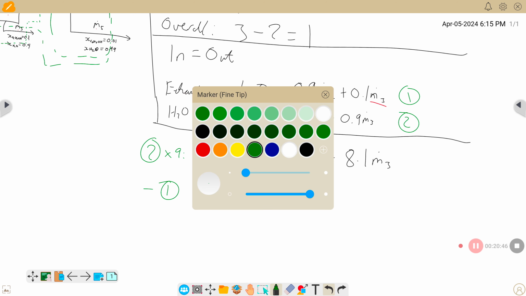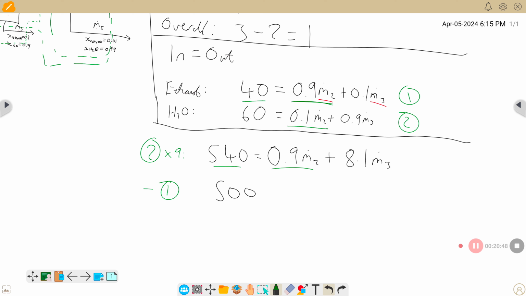That obviously gives me nothing. That's where the elimination comes in. 0.9 M2 minus 0.9 M2 gives nothing. And then I would subtract this 0.1 M3 from this 8.1 M3, and that would give me 500 equals 8 M3. Okay. Is that solvable?